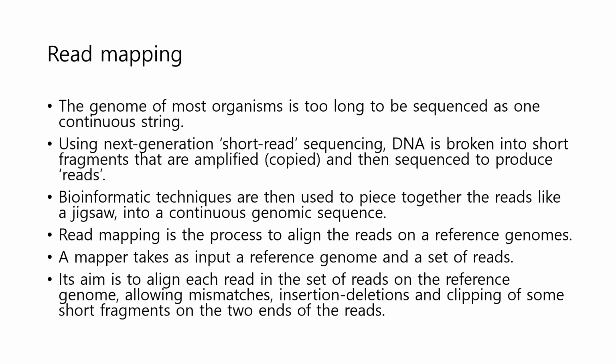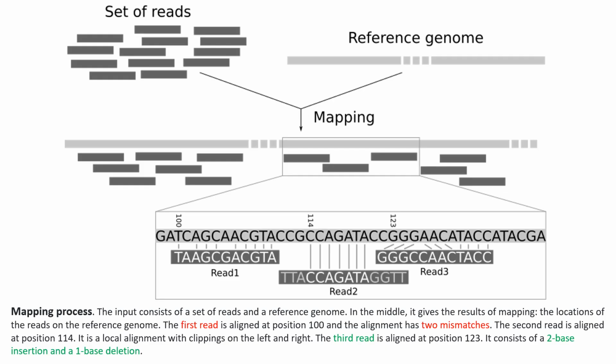Usually, bioinformatics techniques are used to piece together the reads like a jigsaw into continuous genomic sequences. So read mapping is the process of aligning the reads to a reference genome. This figure shows how to map the sequences. You will have a set of read fragments, then you will align those reads to the reference genome.